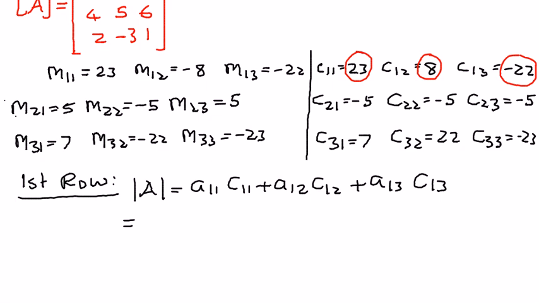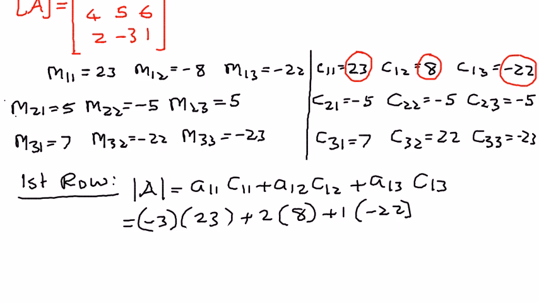The value of A11 was -3, times positive 23, sorry about that, plus A12 was 2, and then the value of C12 was 8, plus A13 was 1, and then C13 was negative 22.